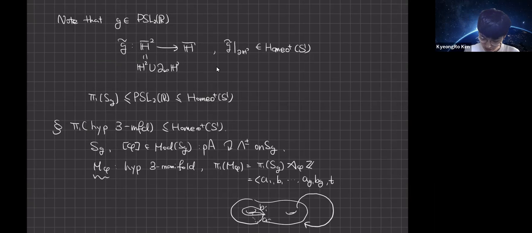The mapping torus is made from a product space, where I is the interval, and then we identify the upper surface and lower surface at the bottom by using this pseudo-Anosov homeomorphism, like this.